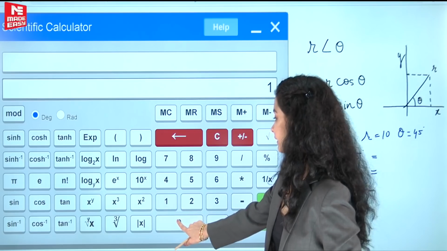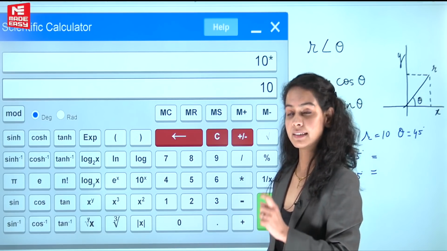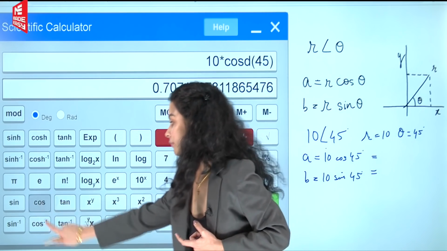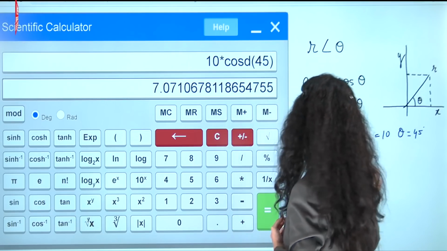So enter 10 into cos of 45. First you will have to enter the x value, which is 45, and then press cos, press equal to, this is your a, 7.07.